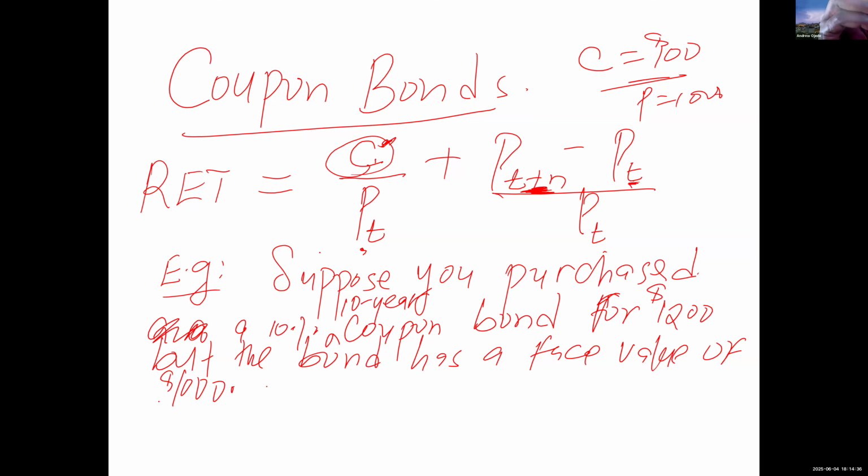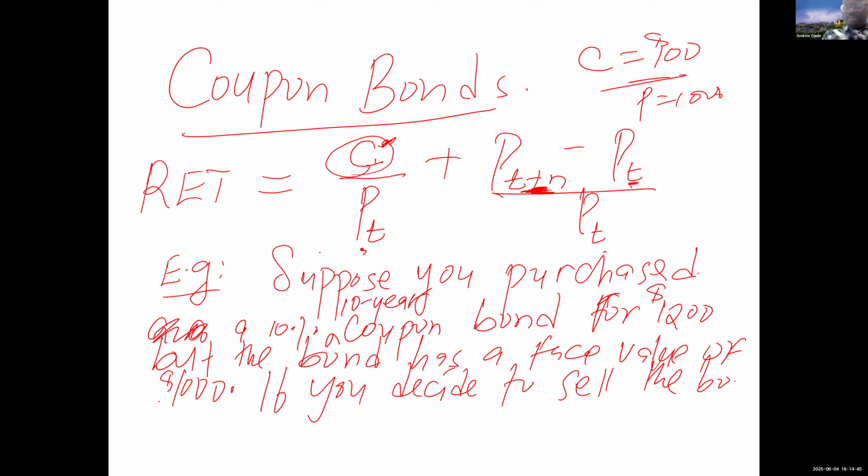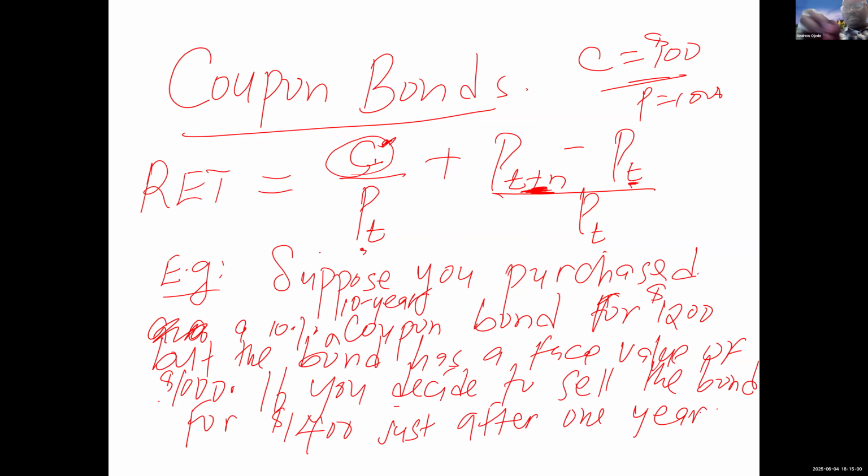Okay. If you decide to sell the bond for $1,400 just after 1 year, A, calculate the rate of return.